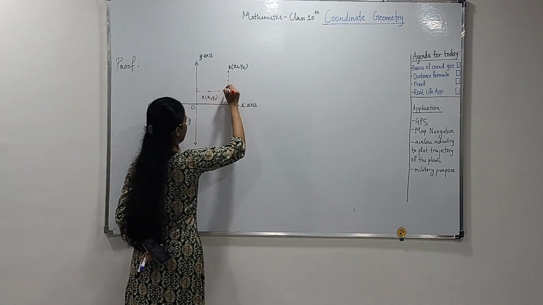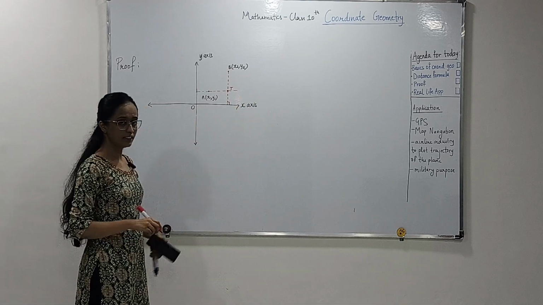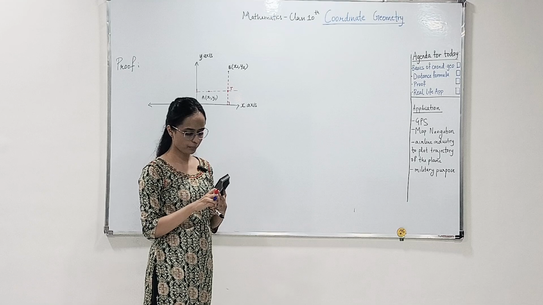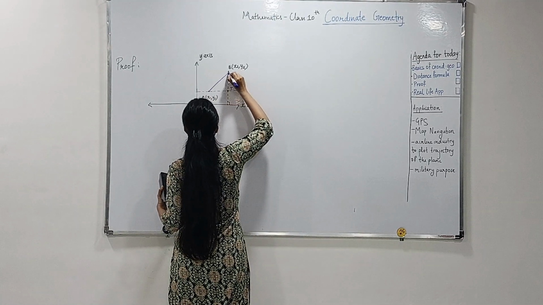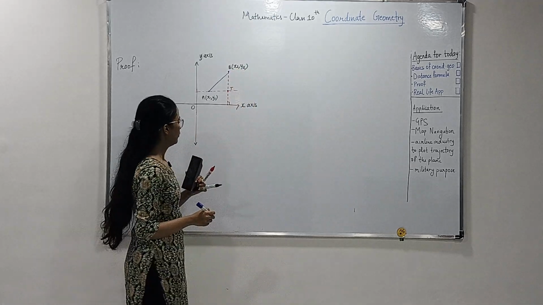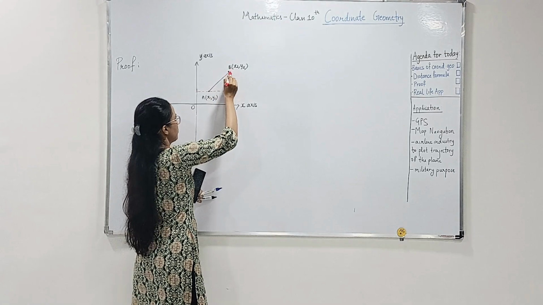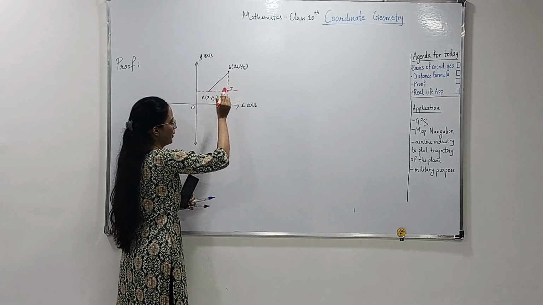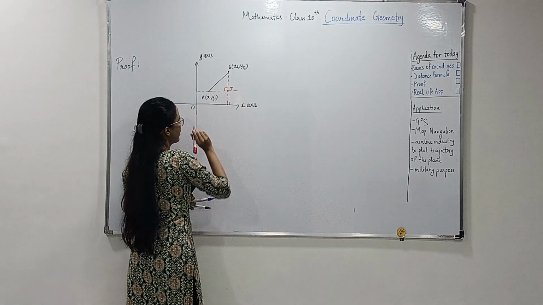Now both these lines meet at a point, say T. Now since we are supposed to find the distance between point A and B, that is why I am joining the points A and B with a straight line, which you can see. Now here we all know that this is a perpendicular line, this is a perpendicular line, hence the angle formed at point T would be a right angle.